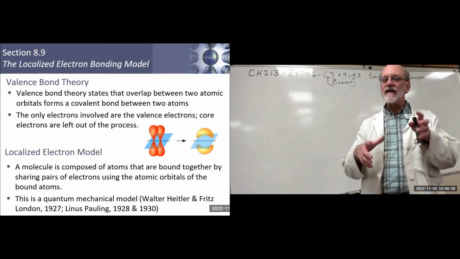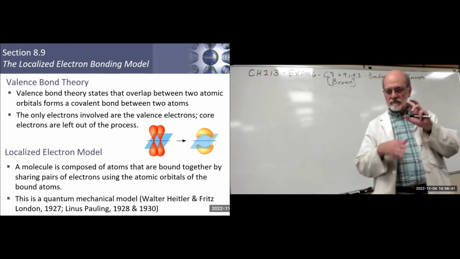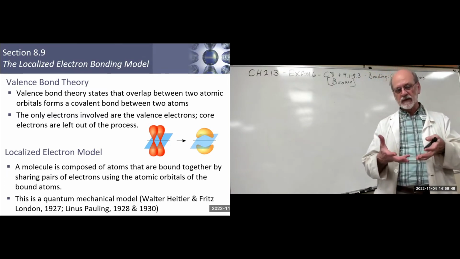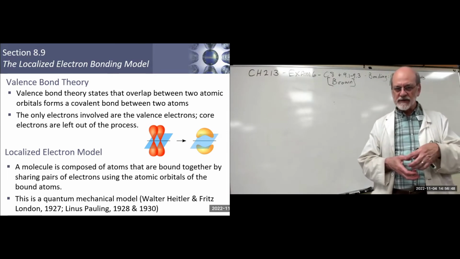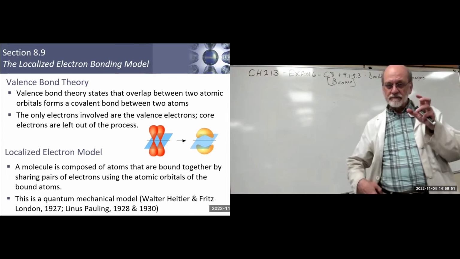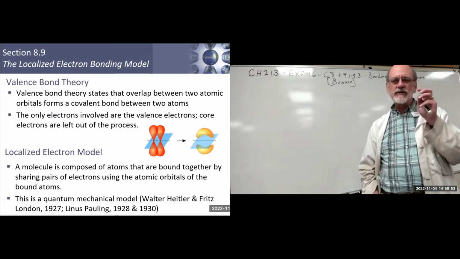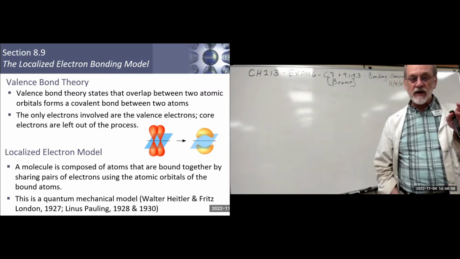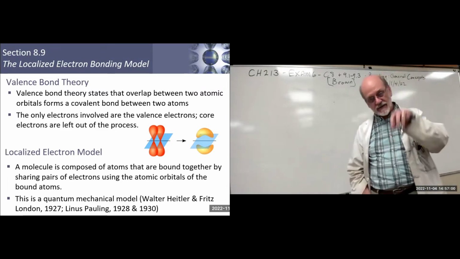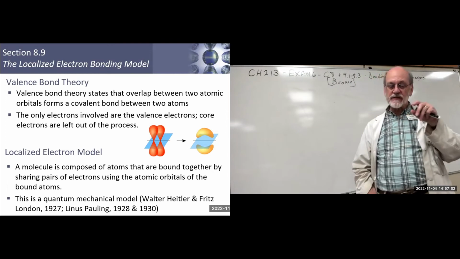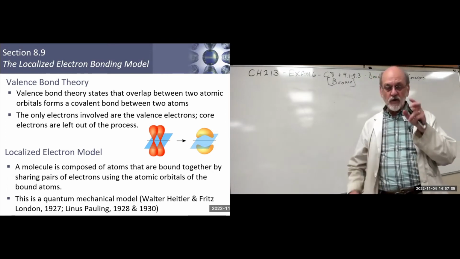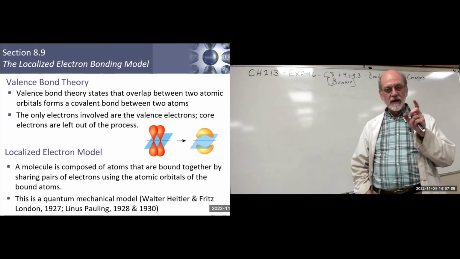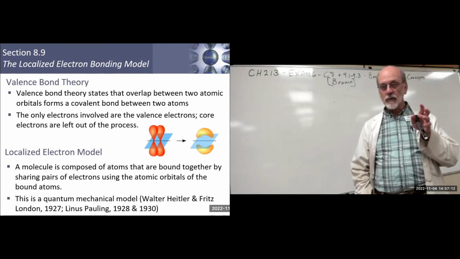What influence do they have on the polarity of the bonds and the geometry of the molecules? So the localized electron model simply says that, actually, I was conflating both the valence bond theory and the localized electron model, because the localized electron model drills down and says, all right, these electrons and their orbitals still belong to each of those atoms. They're localized, but they just cooperate to form the bond.